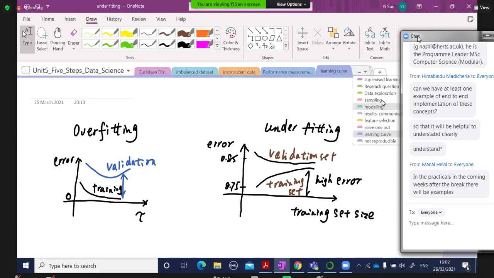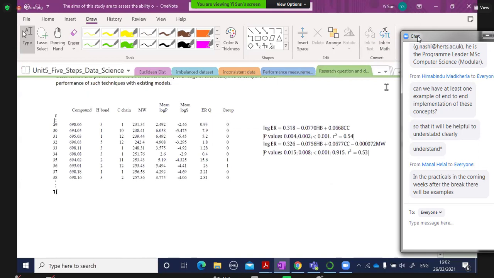Now, the case study. The case study comes from one of our MSc students' projects. Here, that is the data set she obtained from researchers in the pharmaceutical field. The first column here is just the compound. The researcher shows, this compound, number 29, comes from a journal.